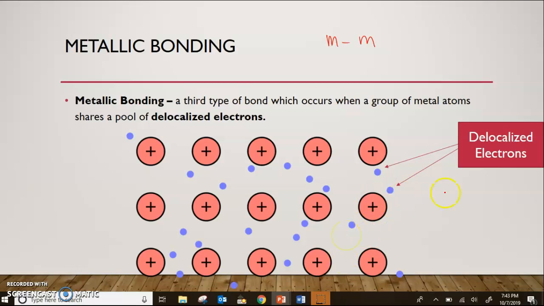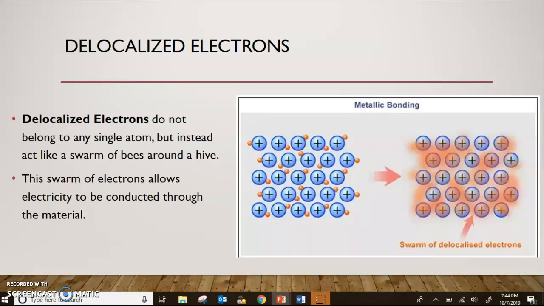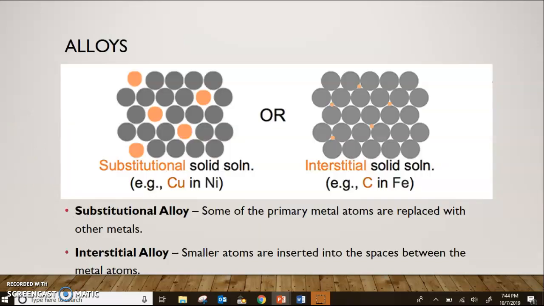And I want you to use that terminology, sea of electrons. These electrons are considered delocalized. They don't belong to any one atom. And because they're delocalized, they move around and they hold all of these metals together. Because of that, electricity and heat move really well through metallic bonding. It's because of those delocalized electrons.